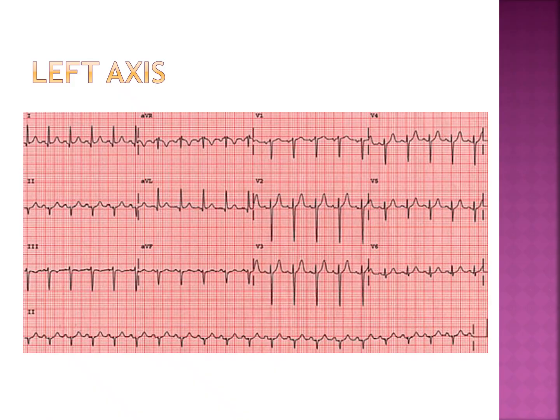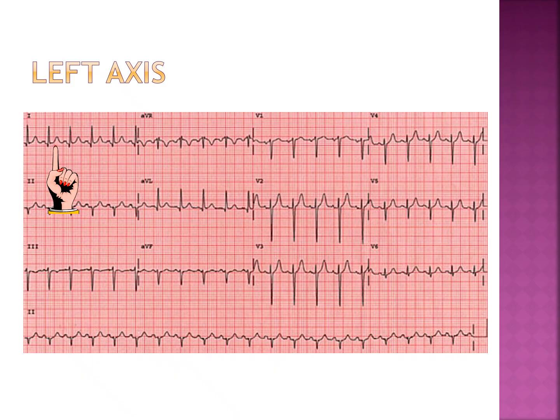In a left axis deviation, let's again first look at AVR. AVR is going down. I don't care about what else is going on in this EKG. We're only focusing on the axis deviation at this moment. So we find lead 1, and we see that the QRS deflection is going up.